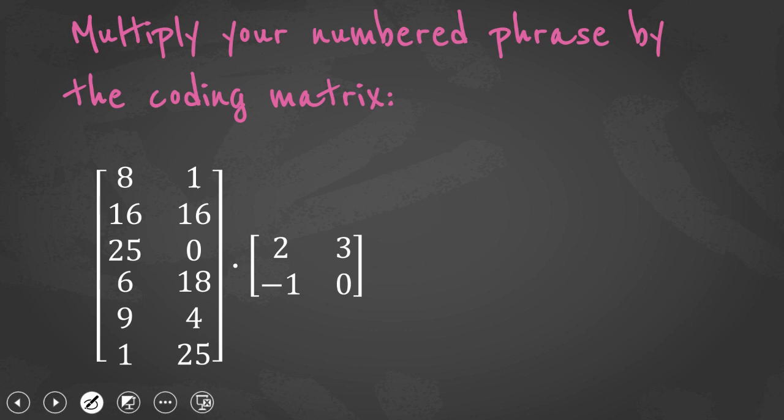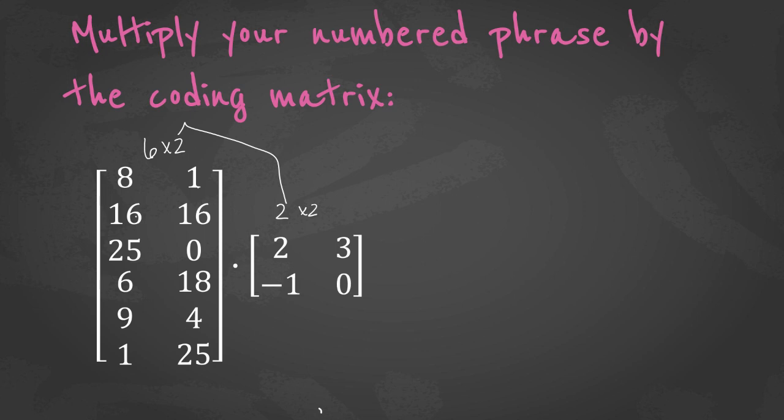H is 8, A is 1, P is 16, P is 16, etc. And I did it in 2 columns because my coding matrix has 2 rows. Remember that our rules of multiplication tell us that when we look at the dimensions, the 2 inside dimensions have to be the same, which means that our answer is going to be the 2 outside dimensions.